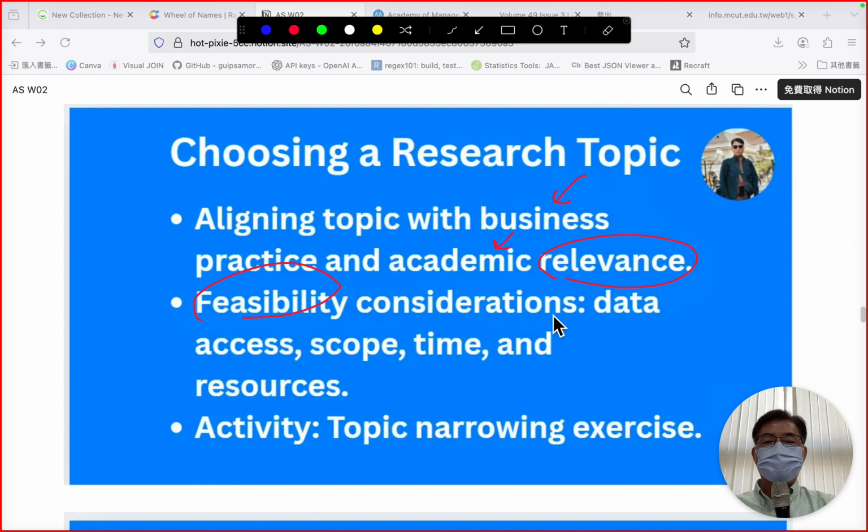What does feasibility mean? You mean the data access. Could you get the data or not? That's important. Sometimes you want to study some concept, some phenomena, but you cannot get the data. Let me tell you, for example, consumer buying behavior.